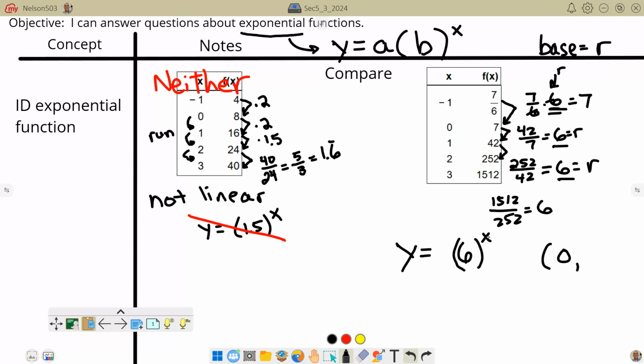If I put 0 in right now for x, I would get 1. Is my y-intercept 1? No. My y-intercept is 7. So how do I transform (0, 1) to (0, 7)? Well, this one's pretty straightforward. I need to multiply by 7, right? So what I need is a vertical stretch right here of 7, all right?